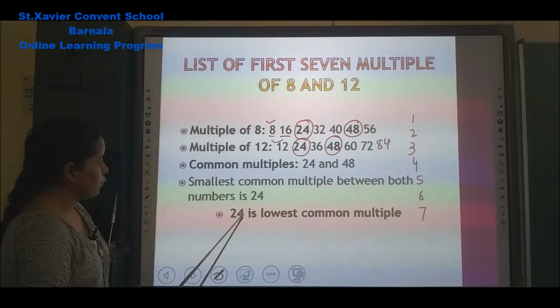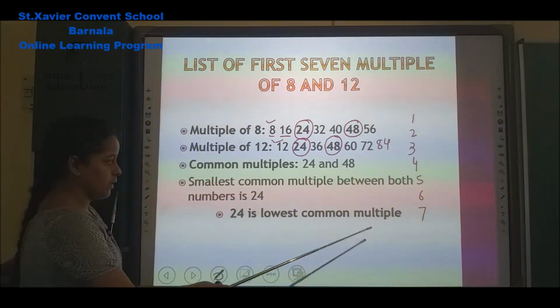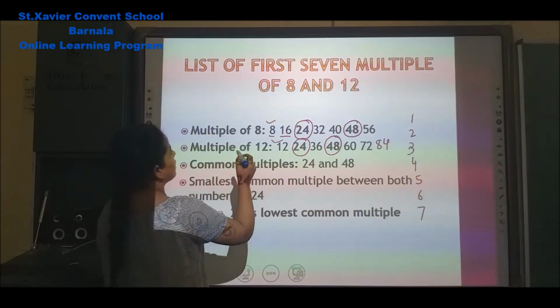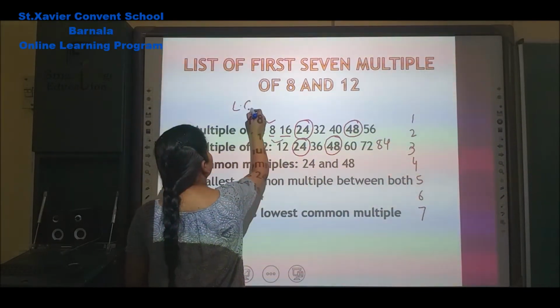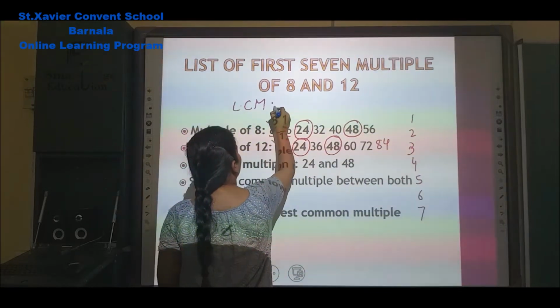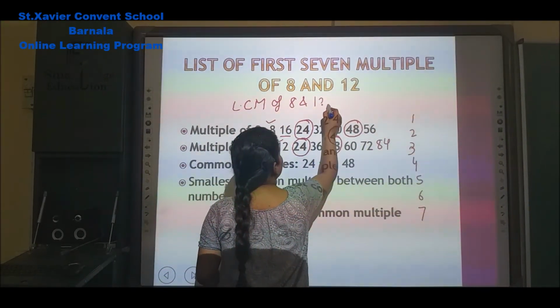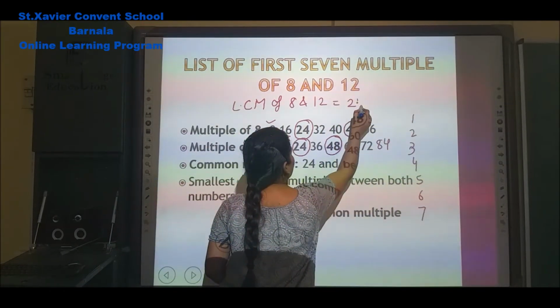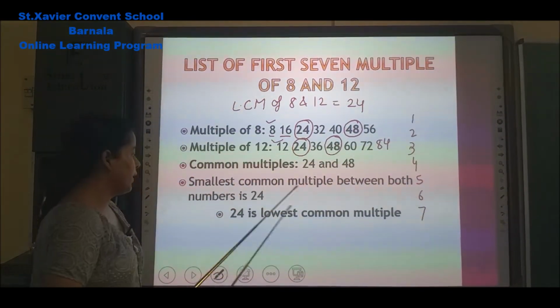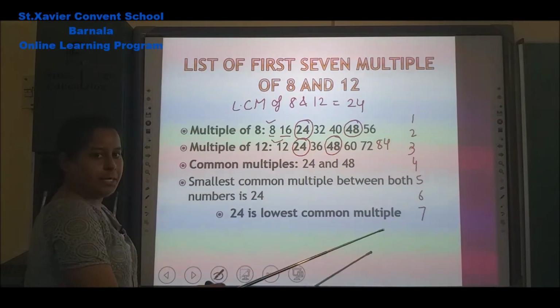So 24 is the lowest common multiple. We can say that the LCM of 8 and 12 is 24.